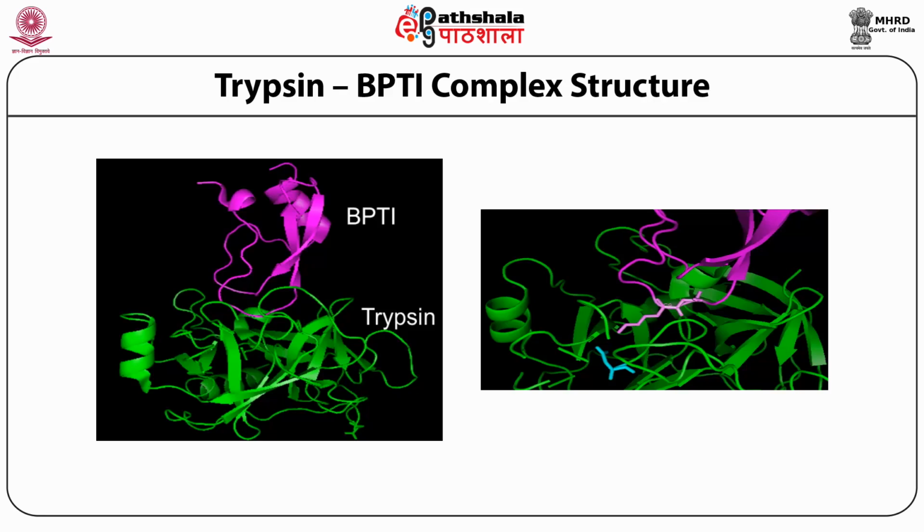Once this is interacted, the active site can cleave. But in the case of trypsin BPTI, even after all favorable interactions and binding, the trypsin cannot cleave. If you see the next slide, you will understand why there is no access to water molecules.